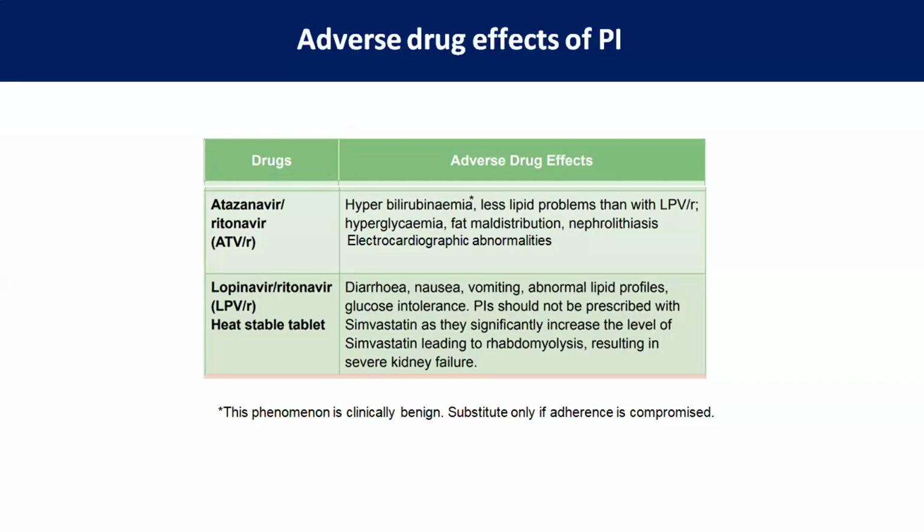So with counseling, after diagnosis of atazanavir side effect, this drug may be continued. But sometimes this is associated with chronic liver disease and sometimes it produces severe hepatotoxicity, then you have to discontinue the medicine.